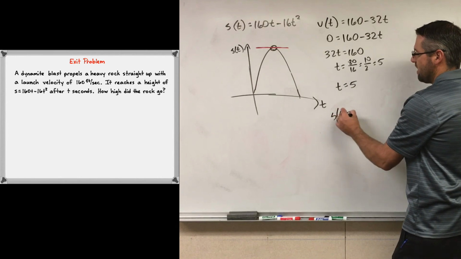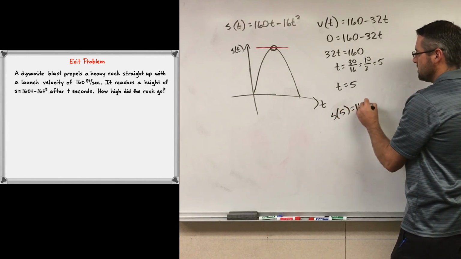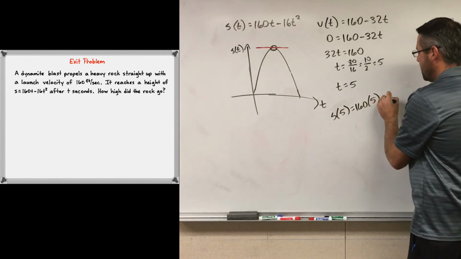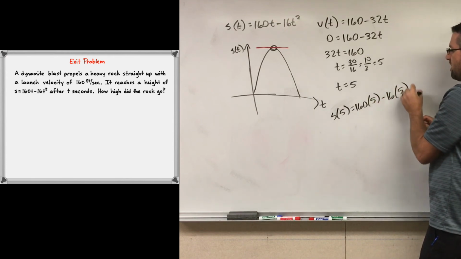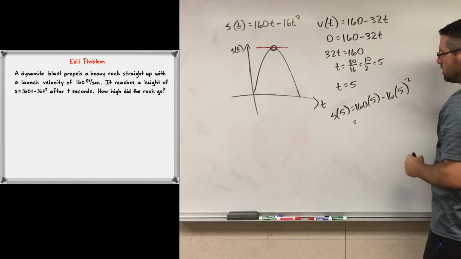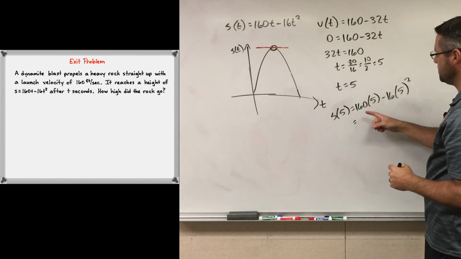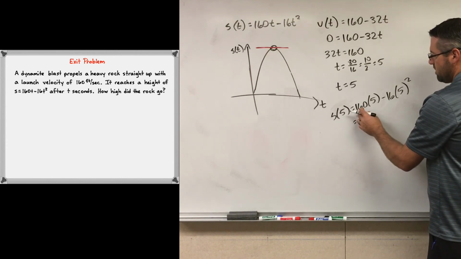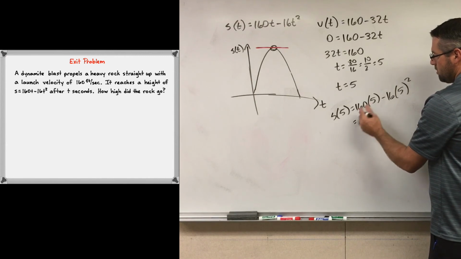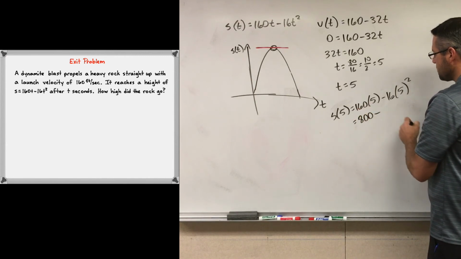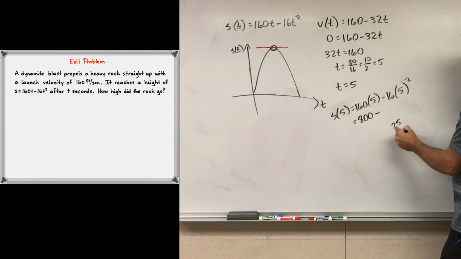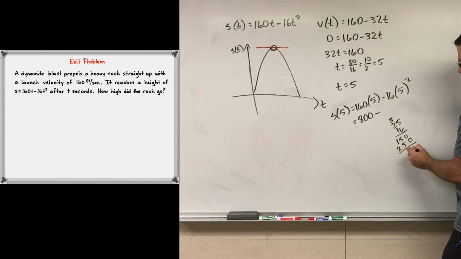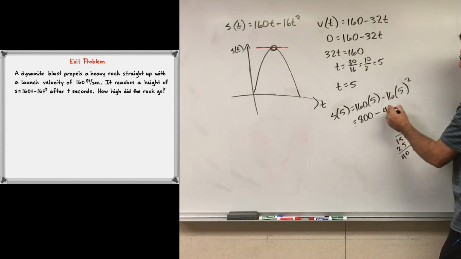So s of 5 is equal to 160 times 5 minus 16 times 5 squared. Let's see here. 160 times 5 is 800. And then 25 times 16, doing math off to the side, back in elementary school here, that's going to be 400, so minus 400.